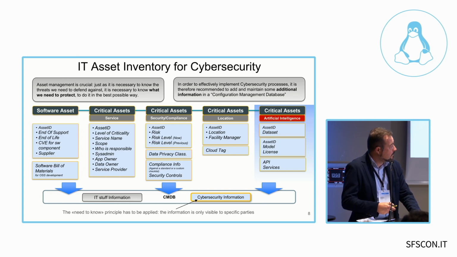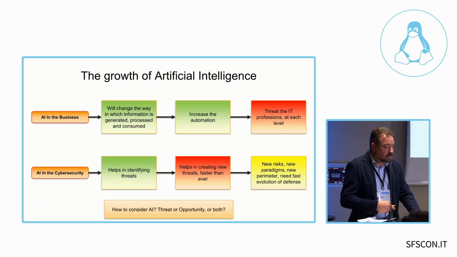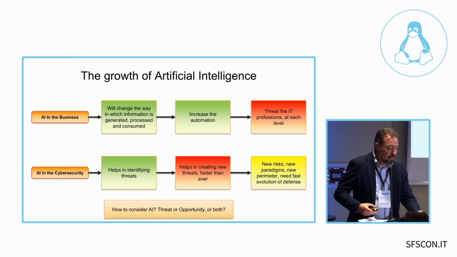Other tags, like a data privacy classification associated to the asset, could help in identifying faster if you have a problem in data privacy, and then to have incident management for that aspect.